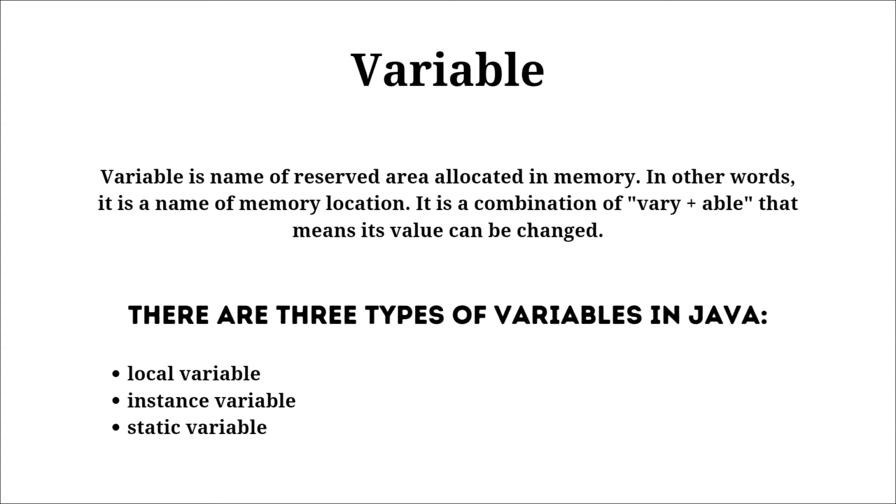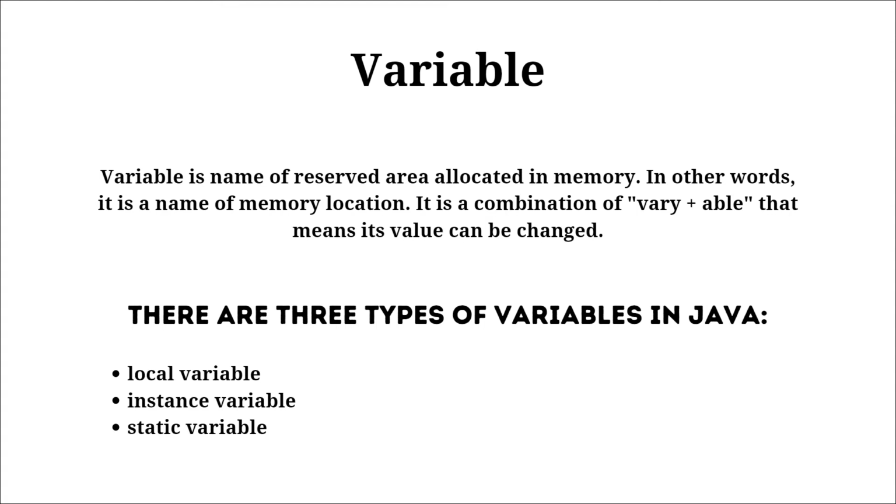In other words, it is a name of a memory location. It is a combination of 'vary' and 'able', which means its value can be changed. Imagine that you are at a place today, and maybe someone will come to your place by tomorrow and you will be replaced. That is how a variable works.